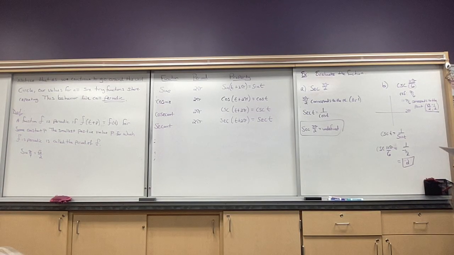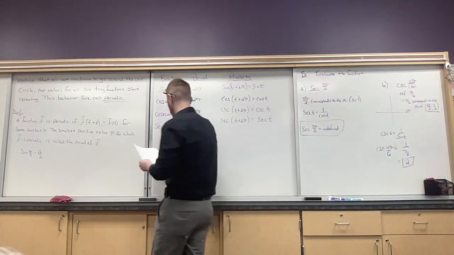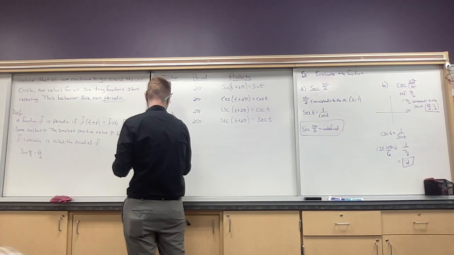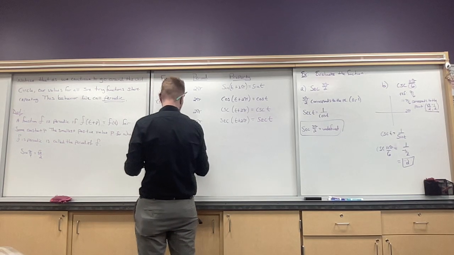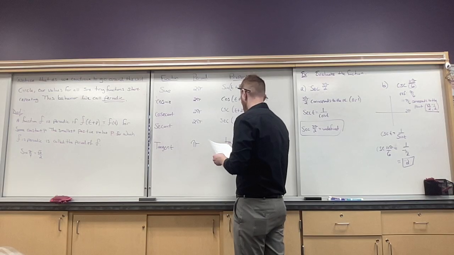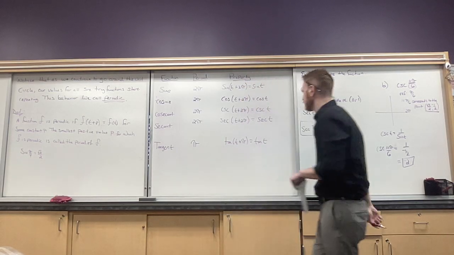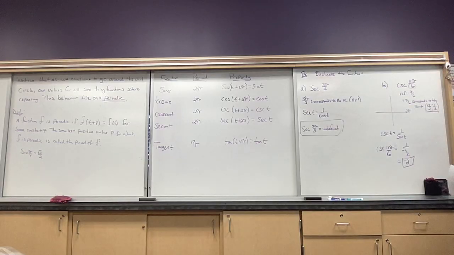Now, the other two, the ones that I didn't put down, tangent and cotangent, are not the same every 2 pi. If you add pi to the value, you get the same value, so their periods are a little bit different. I'm going to put these on the bottom. Tangent's period is pi, so tangent of any value, if you add pi to it, you get its same value.